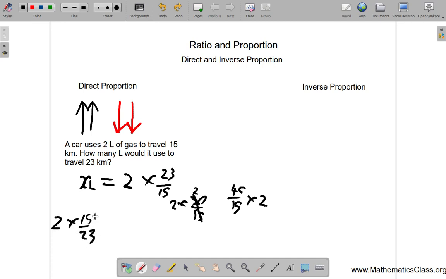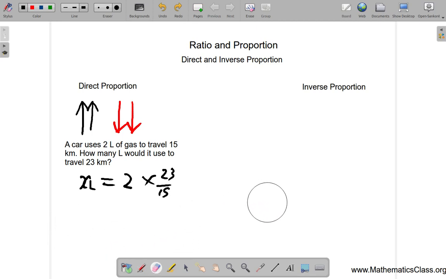It couldn't be 2 times 15 kilometers over 23 kilometers, because this value is less than 1, so it will push the 2 downward. And you know that you're not supposed to get a value smaller than 2. It's supposed to be more. The further you drive, the more gasoline you burn.